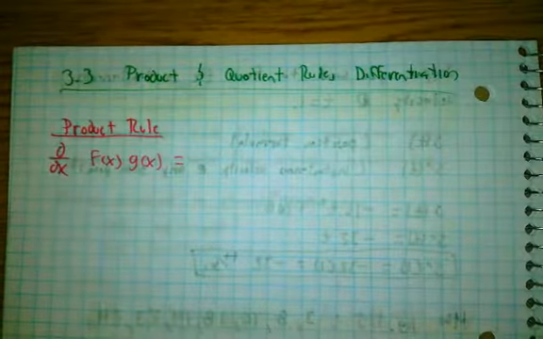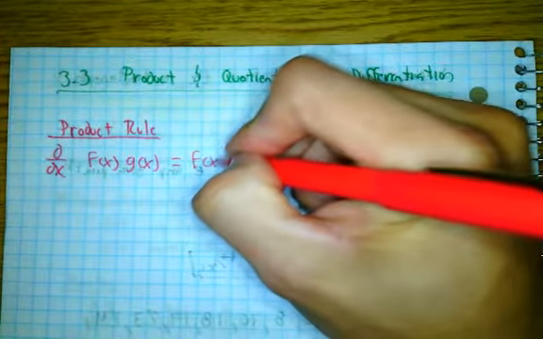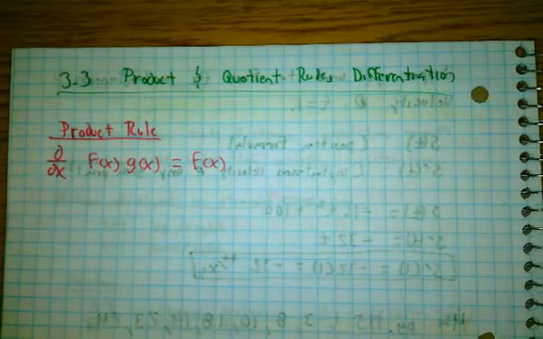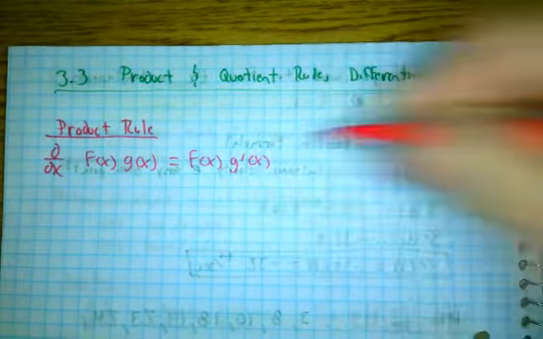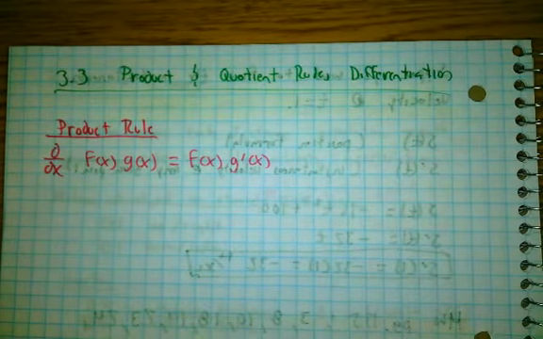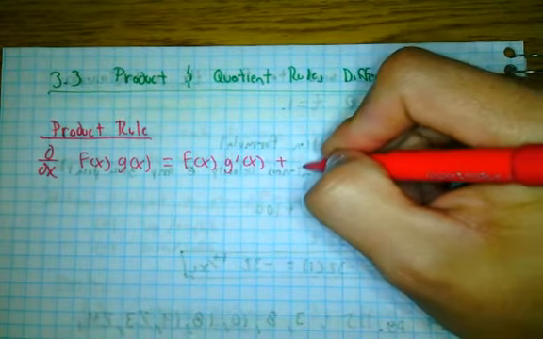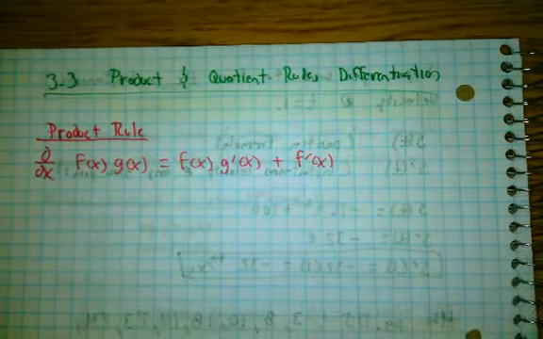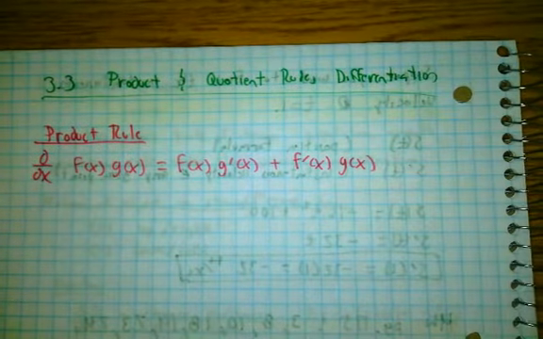Here's what you're gonna do. You see the very first function, and you're gonna leave it alone. You're just gonna rewrite it, and you're going to multiply it by the derivative of the second one. Then you're going to add, and you're going to take the derivative of the very first one and multiply it by the second function.